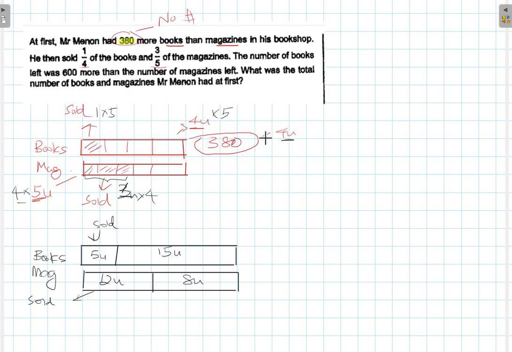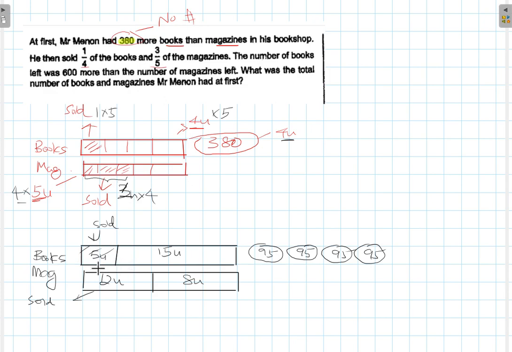Okay, let's do this. This one, 1/4 of the books is sold, because here is unit and here is number, I also need to remove 1/4 of it. So if I do 380 divided by 4, I will have how many of here? It's 95, 95, 95, 95. I treat it differently because here is unit and here is number. So you see, just now 1/4 of this sold, right?